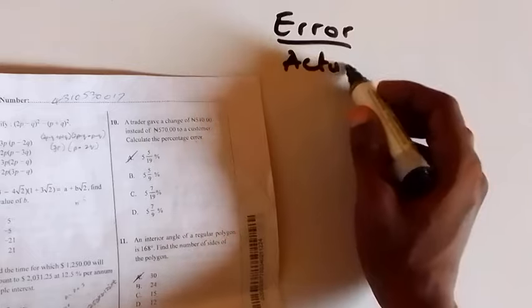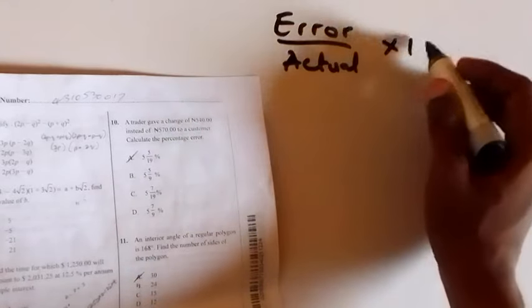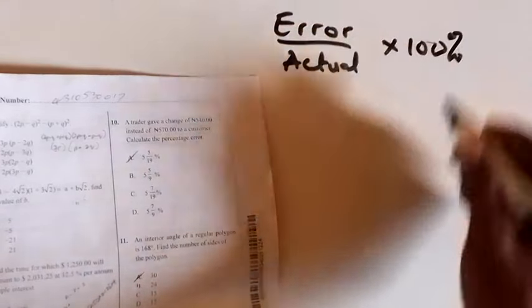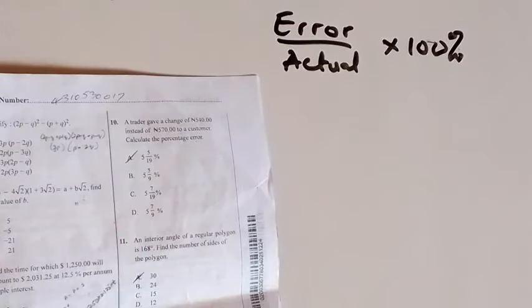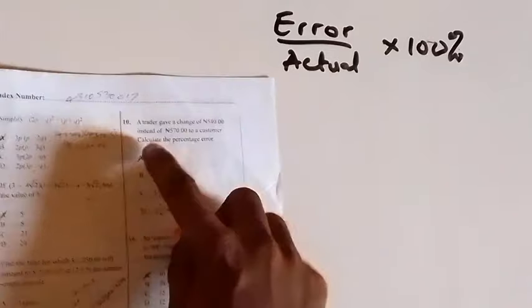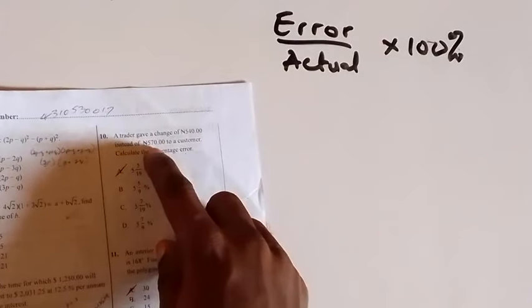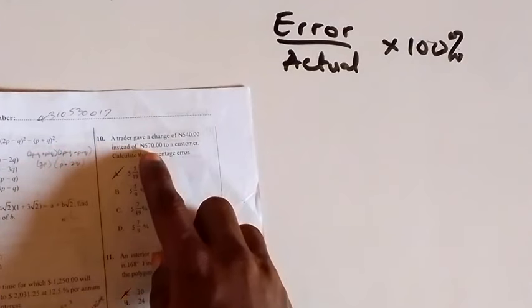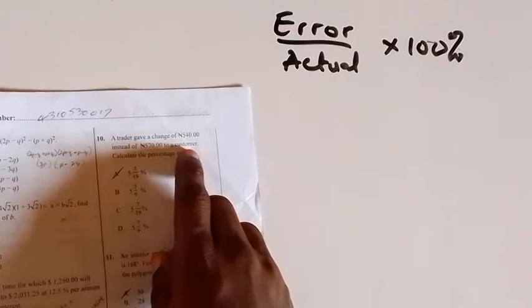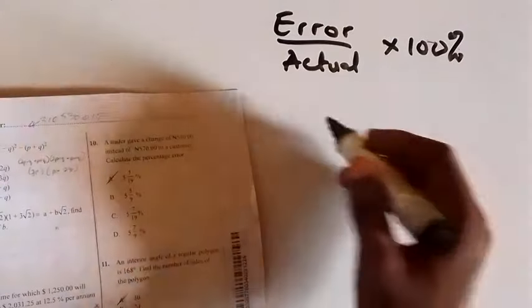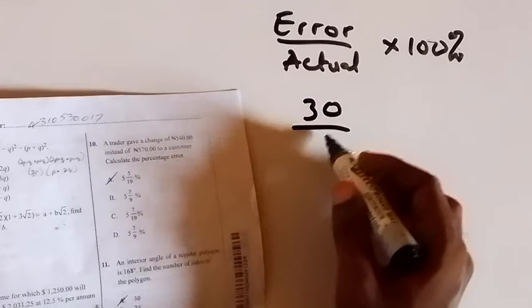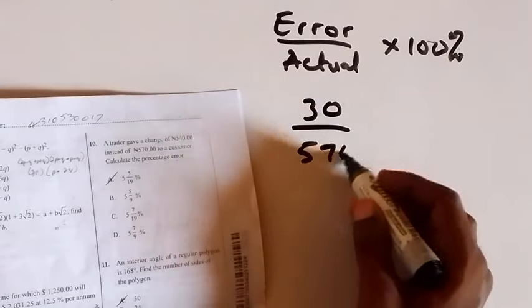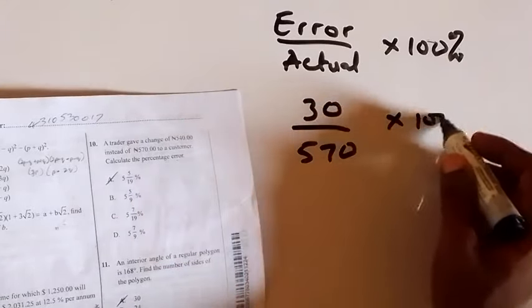Looking at this problem, a trader gave a change of 540 instead of 570. So the actual change he was supposed to give is 570. The error, that is the absolute error, is 570 minus 540, which is of course 30 naira. So that's 30 over 570, which is the actual, times 100%.